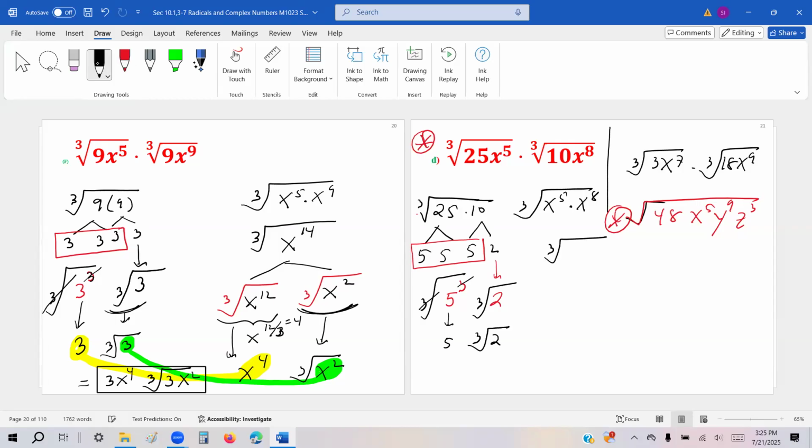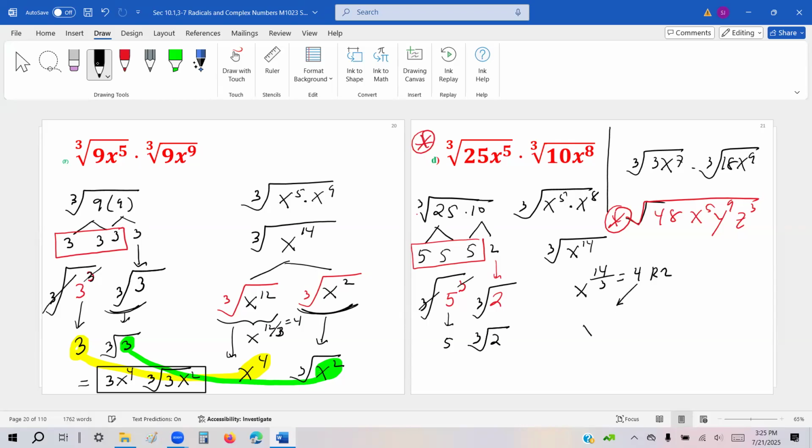Now we have cube root of 5 plus 8, which is 14. So inside 14, the highest number divisible by 3 is 12. So you can do x to the 14 over 3, which is 4 remainder 2.